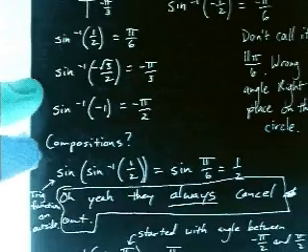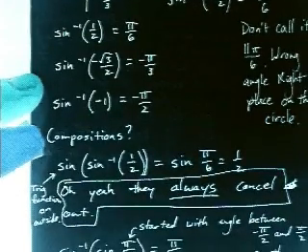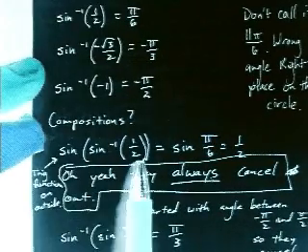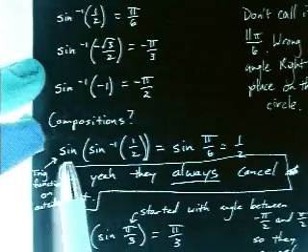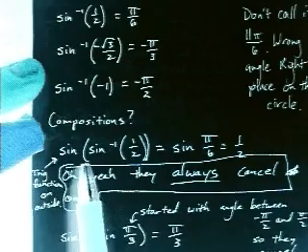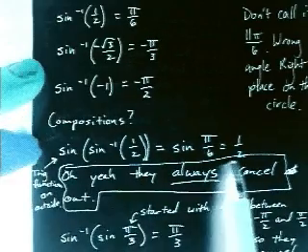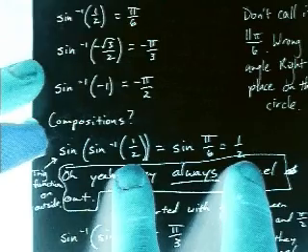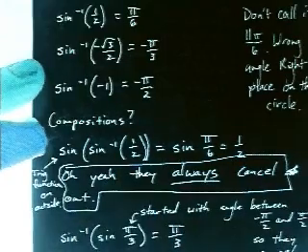Compositions again. Compositions like sine of sine inverse of 1/2. Oh yeah, that's the one where if you have the trig function on the outside and the inverse trig function on the inside, they cancel out. So whatever you started with is exactly what you end up with. So keep that in mind.